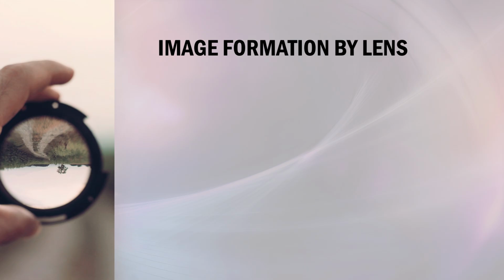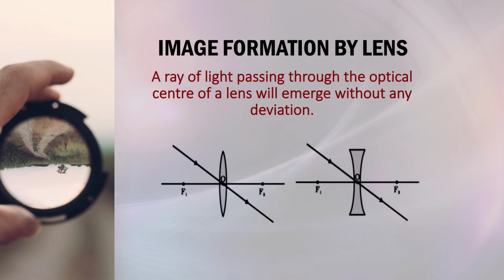And if a ray of light passes through the optical center of the lens, O, it will emerge along the same line without any deviation. So, if you introduce these three things to your students, they will be able to make the correct ray diagram of the image formed by the lens.